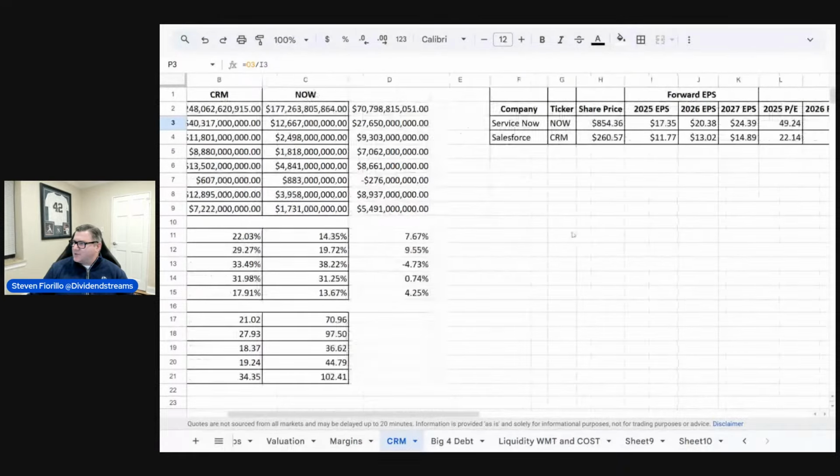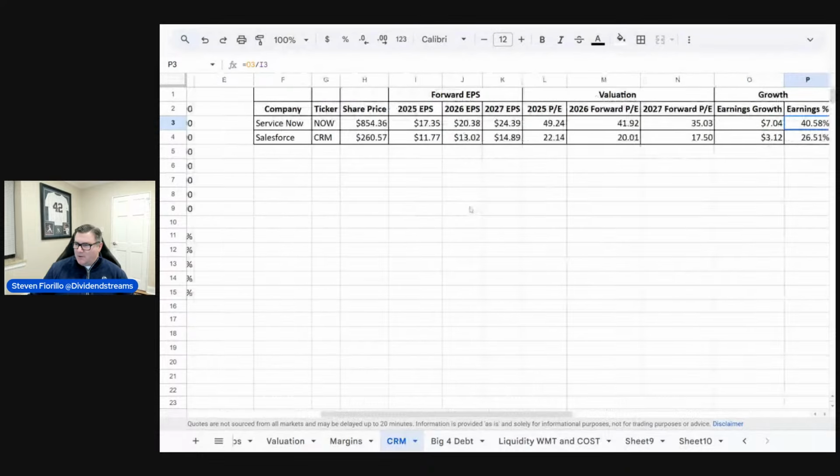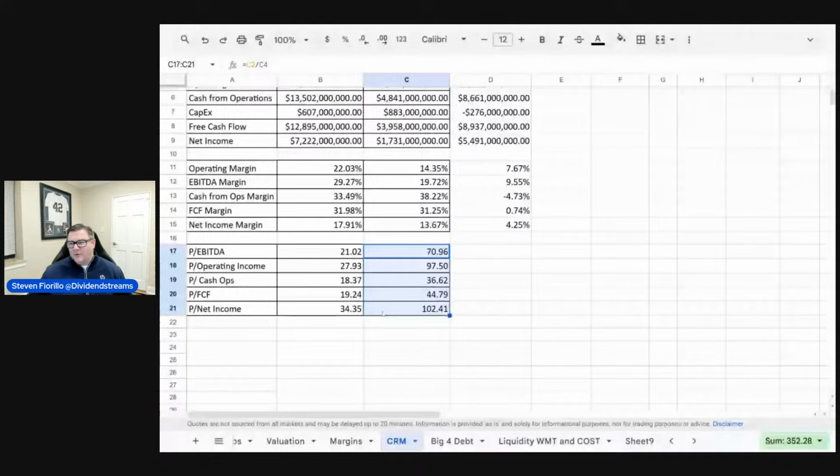Got up at 10:30 today. I would expect them to have a little bit of a higher multiple based on this. But it isn't like Salesforce is growing their EPS by 5% over the next 2 years. This is a healthy margin. And when I look at where the multiples are, I don't think the extra 15% of EPS growth over the next 2 years warrants this much larger of a valuation than Salesforce.